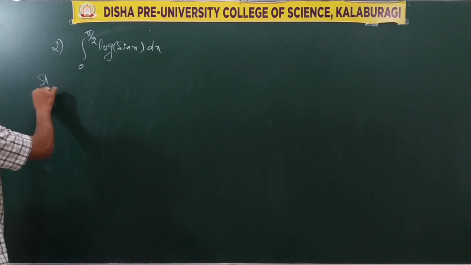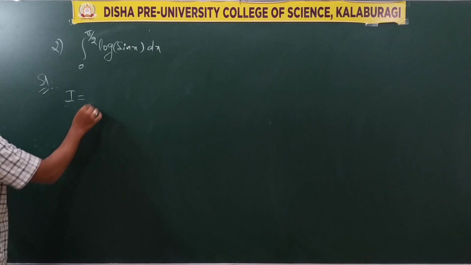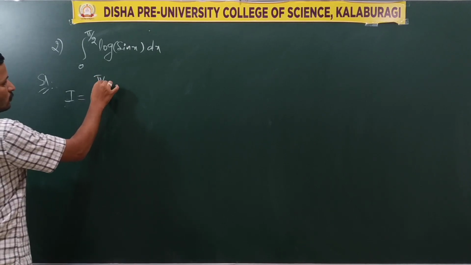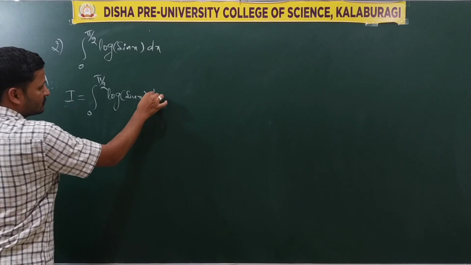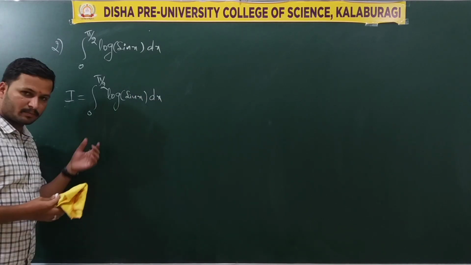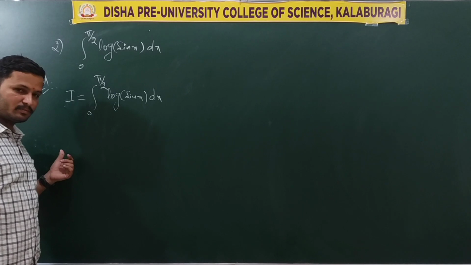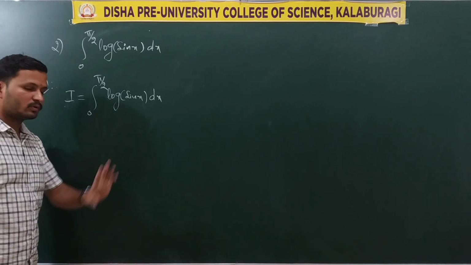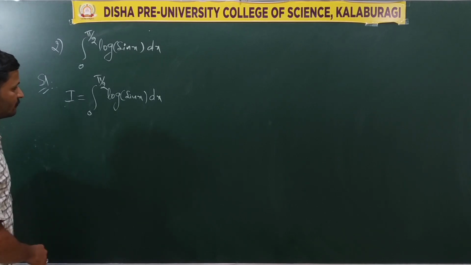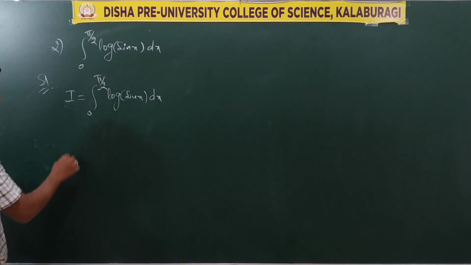So solution: let I is equals to integral from 0 to pi by 2 of log of sin x into dx. Now use property number 5, that is integration from 0 to a of f of x into dx is equals to integral from 0 to a of f of a minus x. Here a is pi by 2.